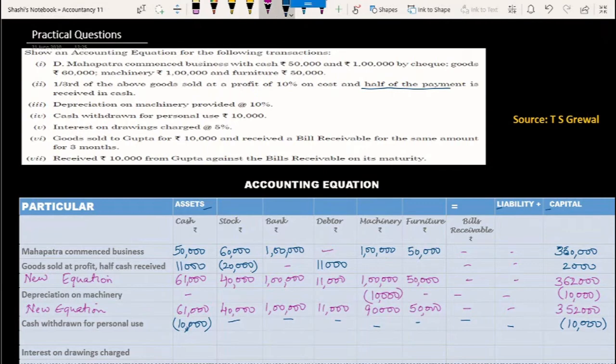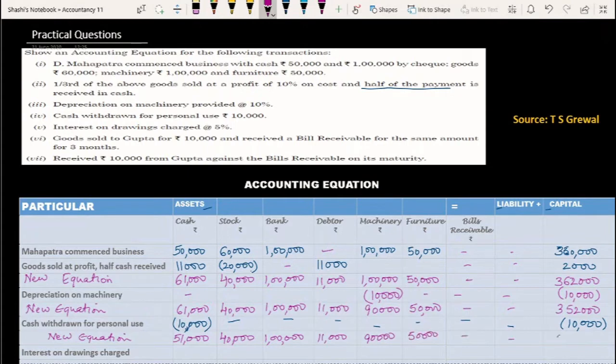So we are going to write our new equation. So the new equation will be 61 minus 10. So it comes to 51,000. This will remain same. 1 lakh, 11,000, 90,000, 50,000.